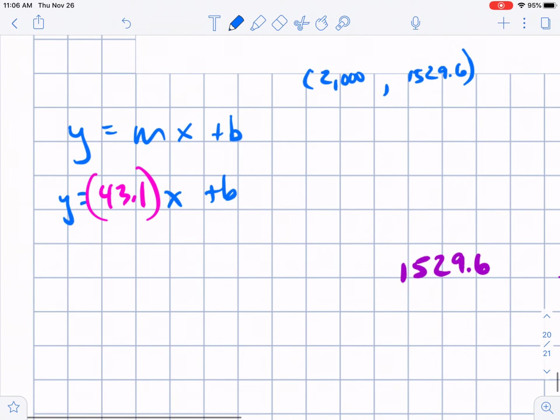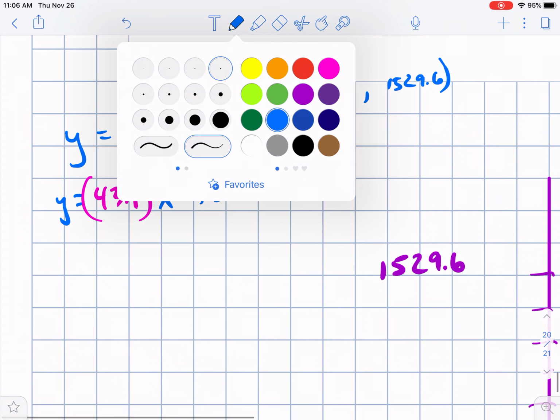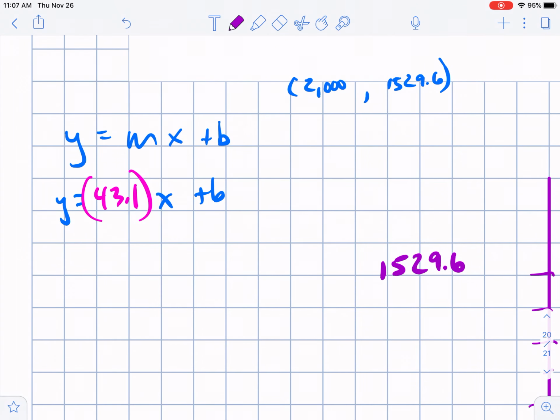So, let's plug in our points. We go to 1,529.6, which is thousands, but that's neither here nor there. 43.1 times the number 2,000 plus b.